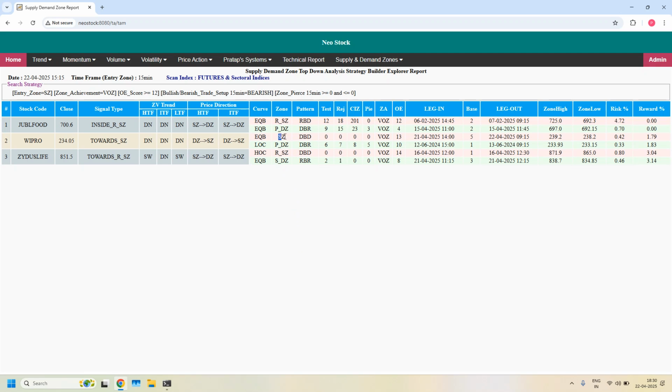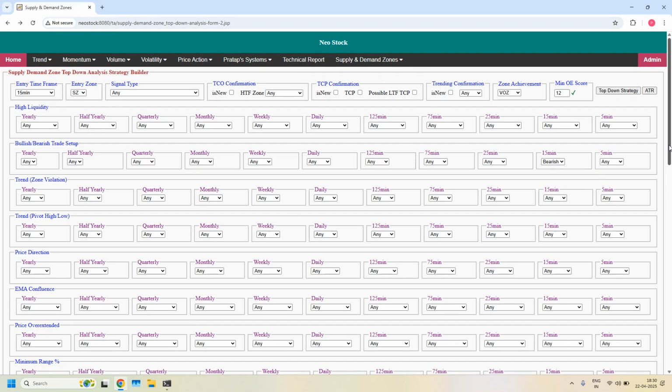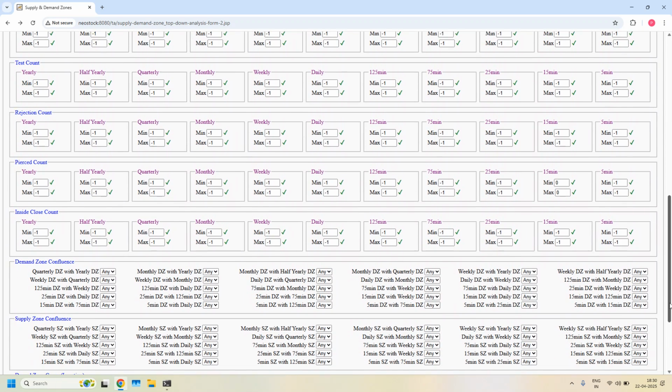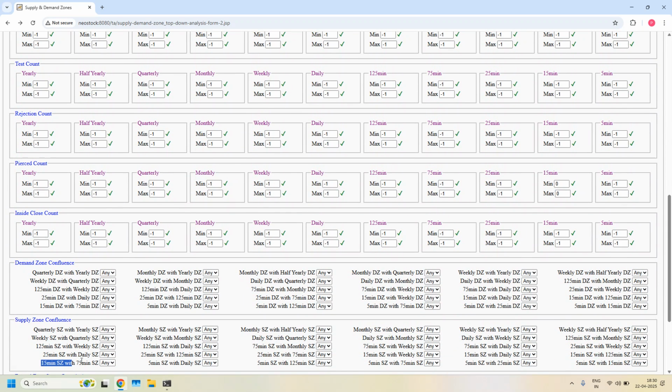These 15 minute supply zones are entry time frame zones. Out of these 3, how many have a higher probability of success? That we will filter based on the zone confluence. First filter, LTF and ITF supply zone confluence. That is 15 minutes and 75 minutes supply zone confluence.